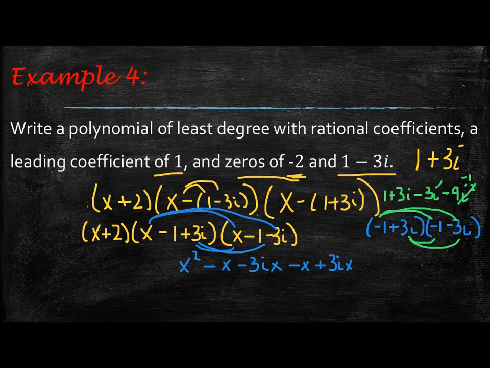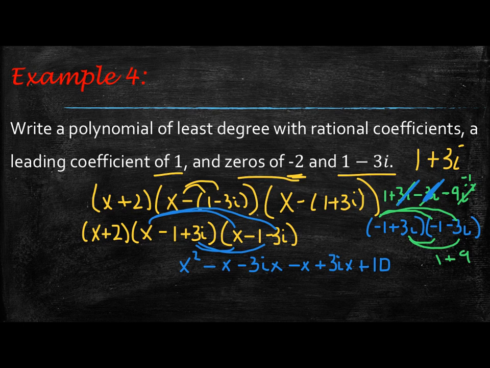Now, the negative 3i and the positive 3i, they cancel. So you really just have 1 plus 9, which gives you 10. So that's going to be what I put on the end here. And really that should always happen where that inside two cancel like that. So just FYI, you might want to keep that in mind.